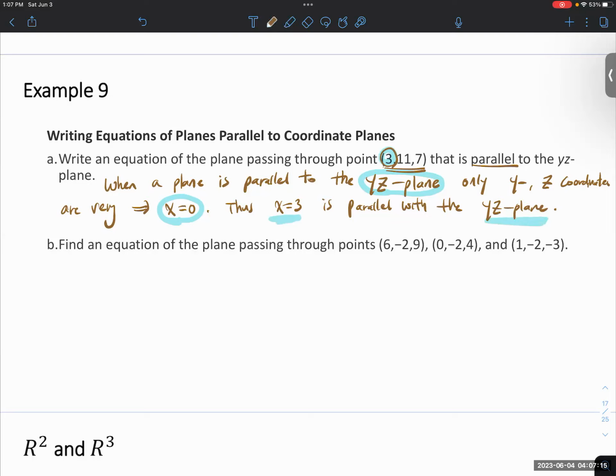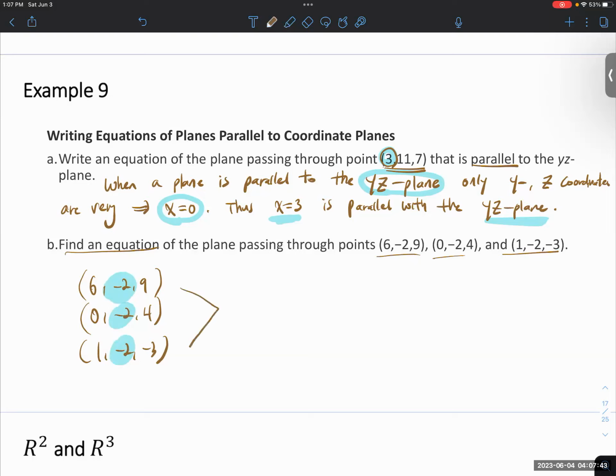Same thing, number 2. Find the equation of the plane passing through three points: 6, negative 2, 9, and 0, negative 2, 4, and 1, negative 2, negative 3. What do you guys think? Negative 2, negative 2, negative 2 everywhere.